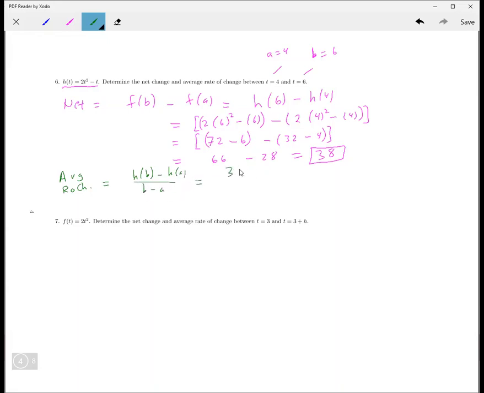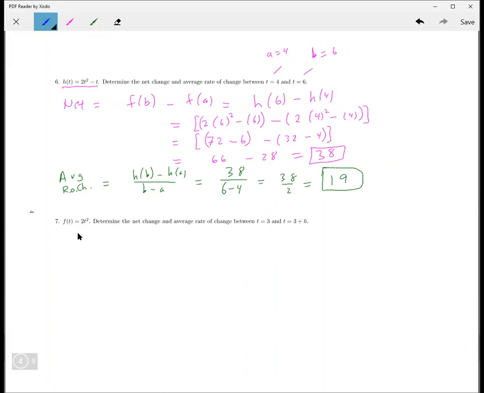So we know that the numerator is 38 already from here. And the denominator, that's going to be 6 minus 4. Which turns out to be 19. Okay, so that's your average rate of change. Okay, again, if there's any questions, just let me know.